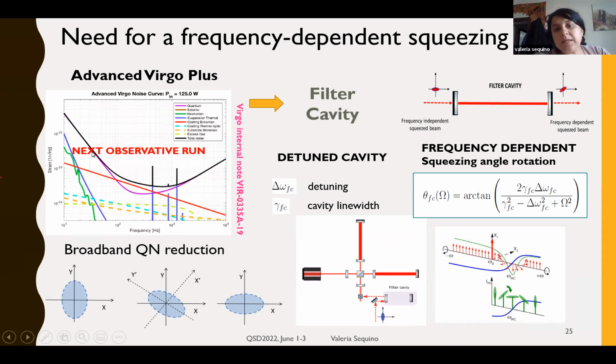To do this, the technique we use is an external filter cavity. We produce the frequency independent squeezing and send it into a detuned cavity. This detuned cavity can rotate the squeezing angle, and this is what we want for our interferometer.